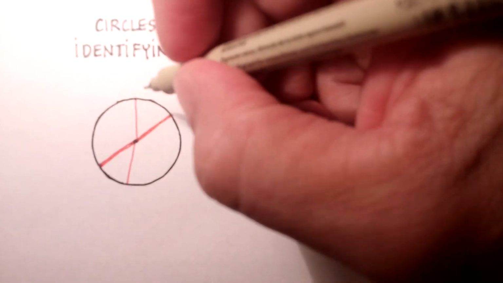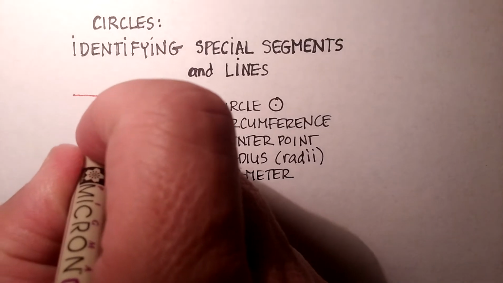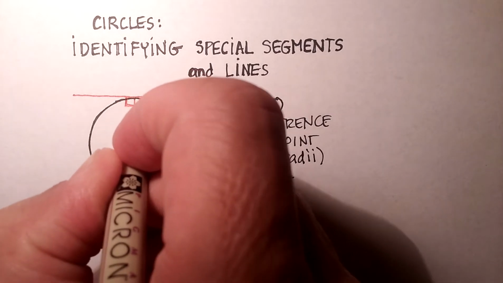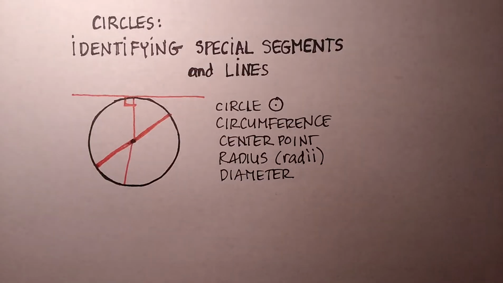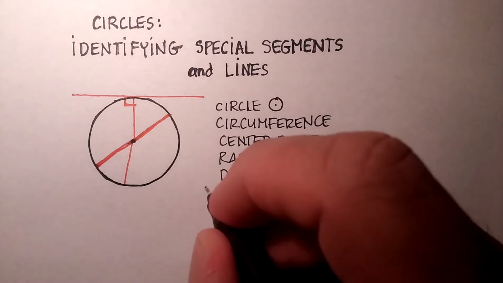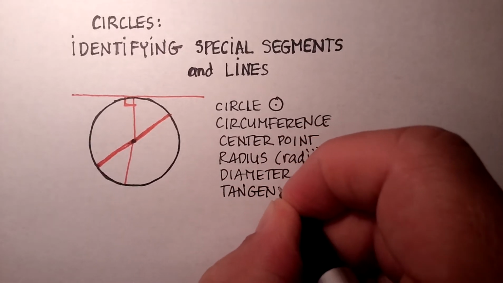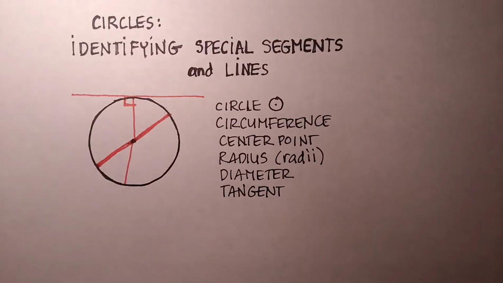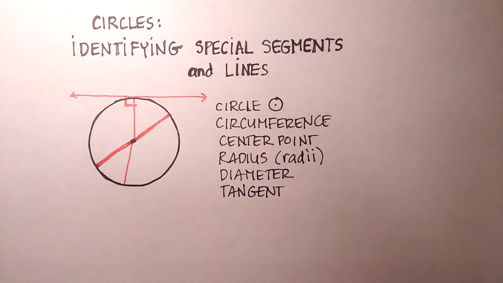If you have a radius, the tangent is a line that is perpendicular to that radius, okay? So the tangent is a line that is perpendicular to the radius or to the diameter, okay? It forms a 90-degree angle. So that's another definition that you probably should know. So that's a tangent.